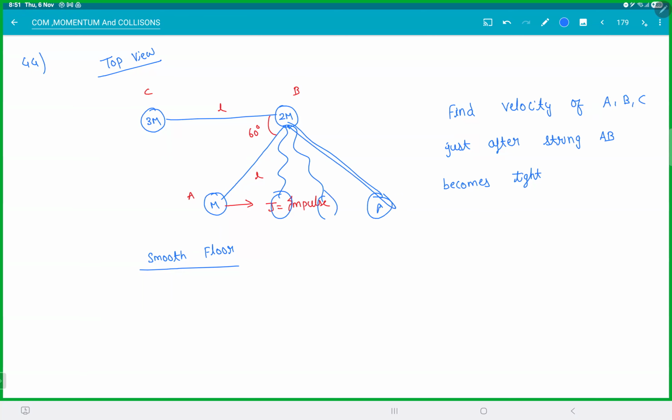When this string suddenly becomes tight, this string also becomes tight. So the whole thing will start moving. So let me say just after the strings become tight, that is a better word. This is not an elastic collision. This is something else, an impulse based.